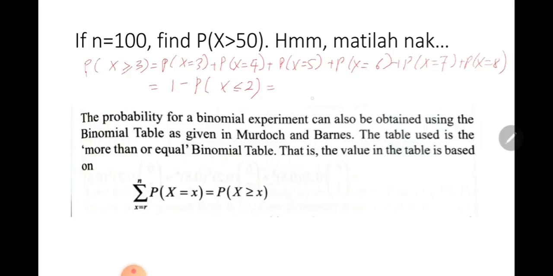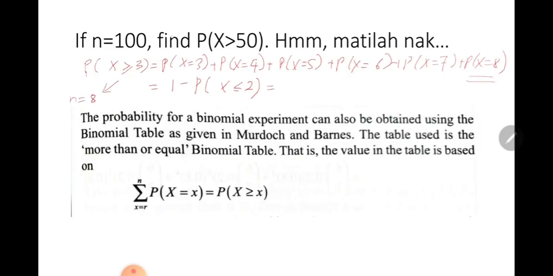It will be simpler to calculate. That is when you have n equals to 8 only, which is why we stop at X equals to 8. X is the number of heads, and because you are tossing the coin 8 times only, the possible number of heads is only up to 8.